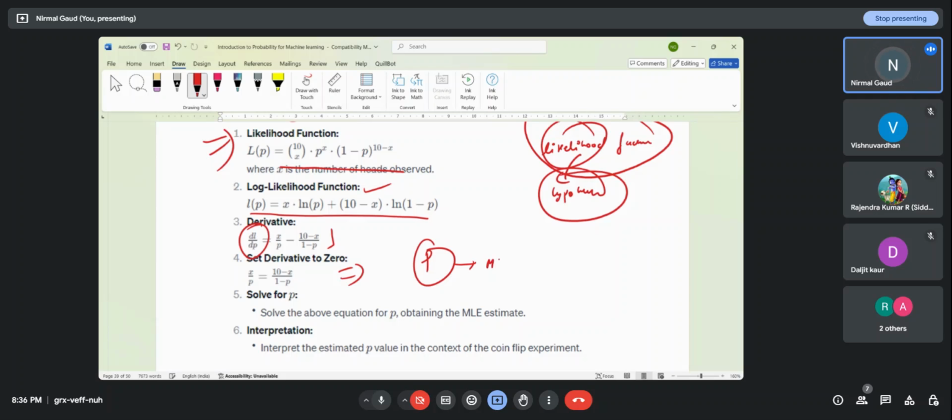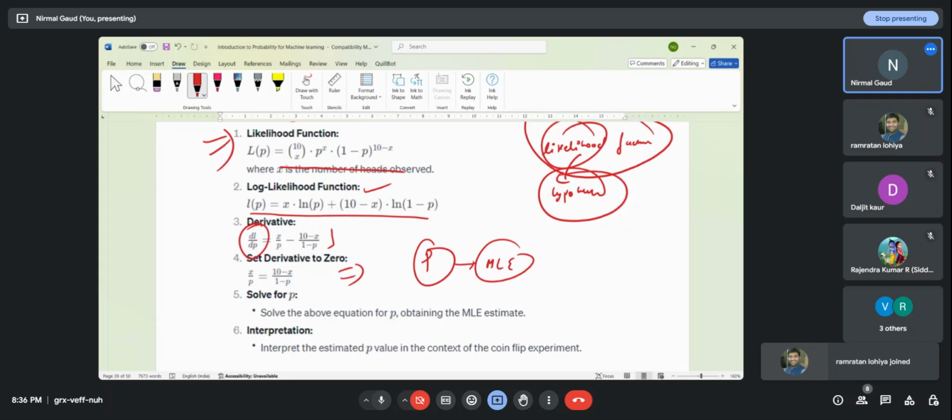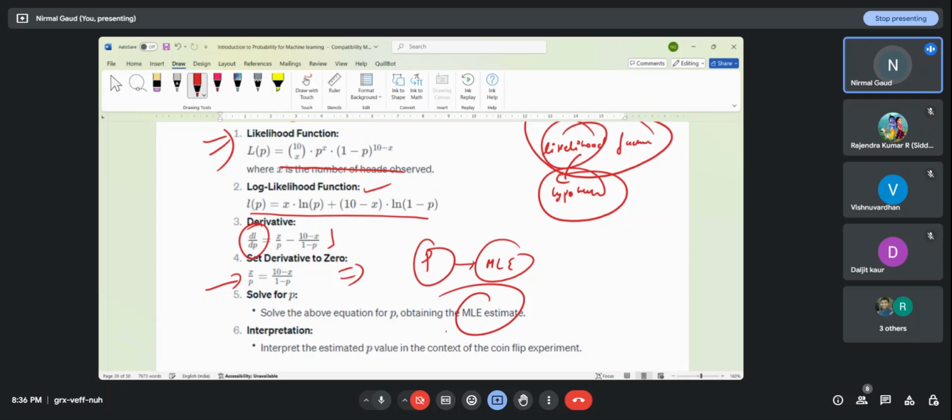So maximum likelihood estimate, MLE, or we are saying estimated values, is the parameters which we have to identify. We'll solve this equation, and that will give you the parameters for which the function will be having the maximum value.